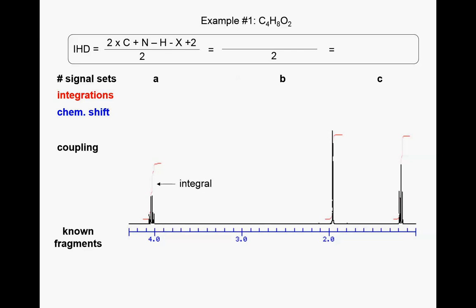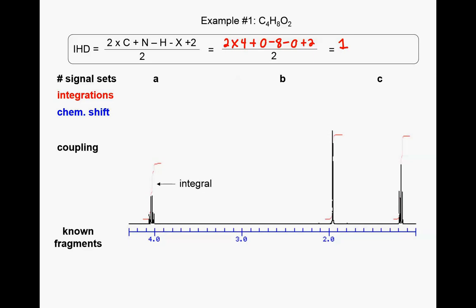We start with 2 times the number of carbons, which is 4, plus no nitrogens, minus 8 hydrogens, minus X, the halogens. We've got no halogens, plus 2. So 4 times 2 is 8, minus 8 is 0, plus 2 is 2, divided by 2 equals 1.